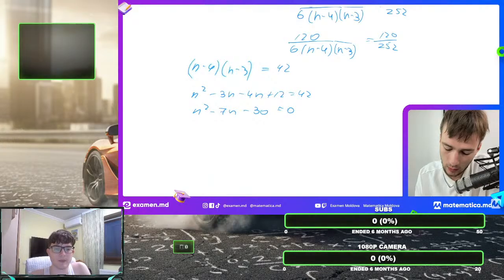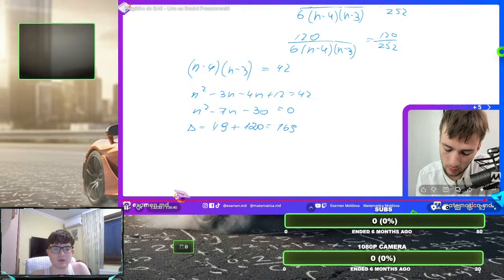So we're gonna have 49 minus 4 times minus 30, which is 120, 169, which is 13 to the second power. So we have two solutions, looks like two values of n.